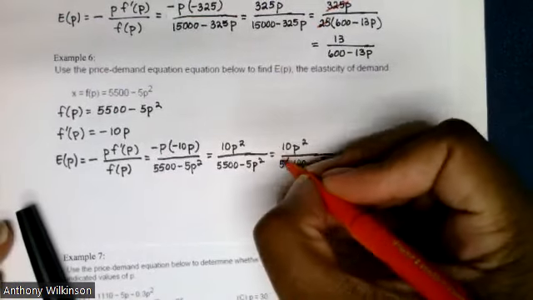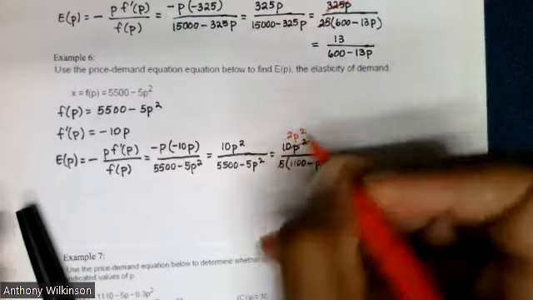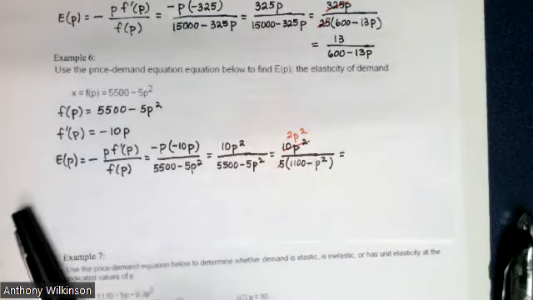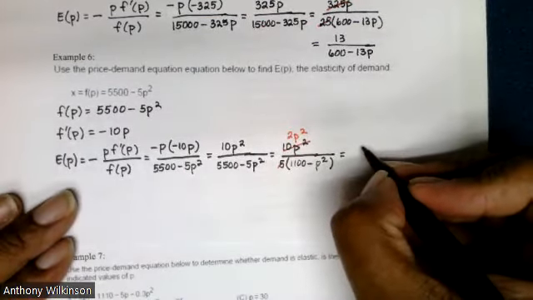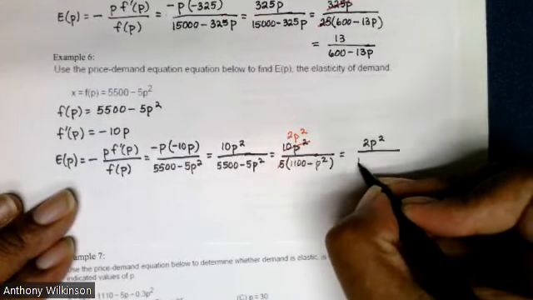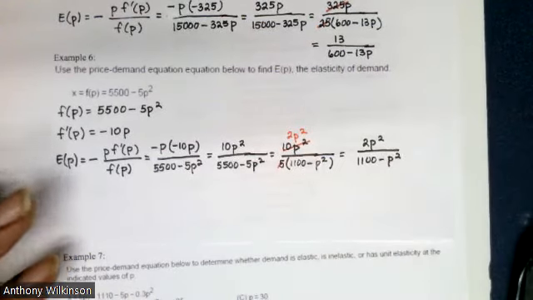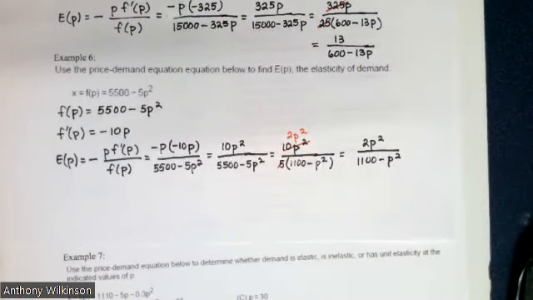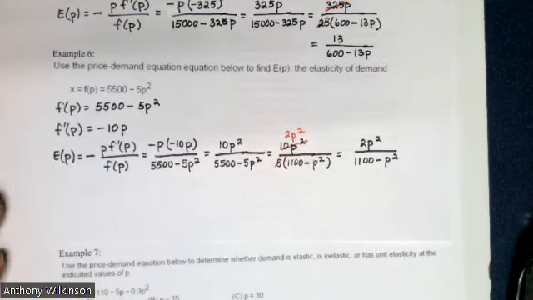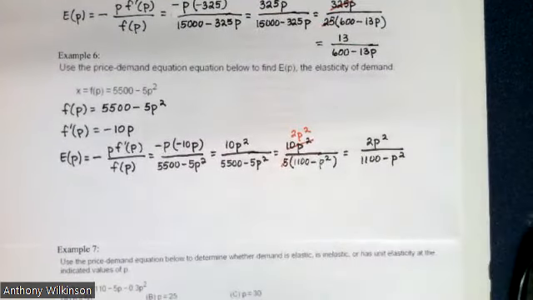And if I divide 5 into 10P squared, that would go 2P squared times. So I'm left with 2P squared in the numerator, divided by 1,100 minus P squared. Okay. So that's how we find the elasticity of demand function.